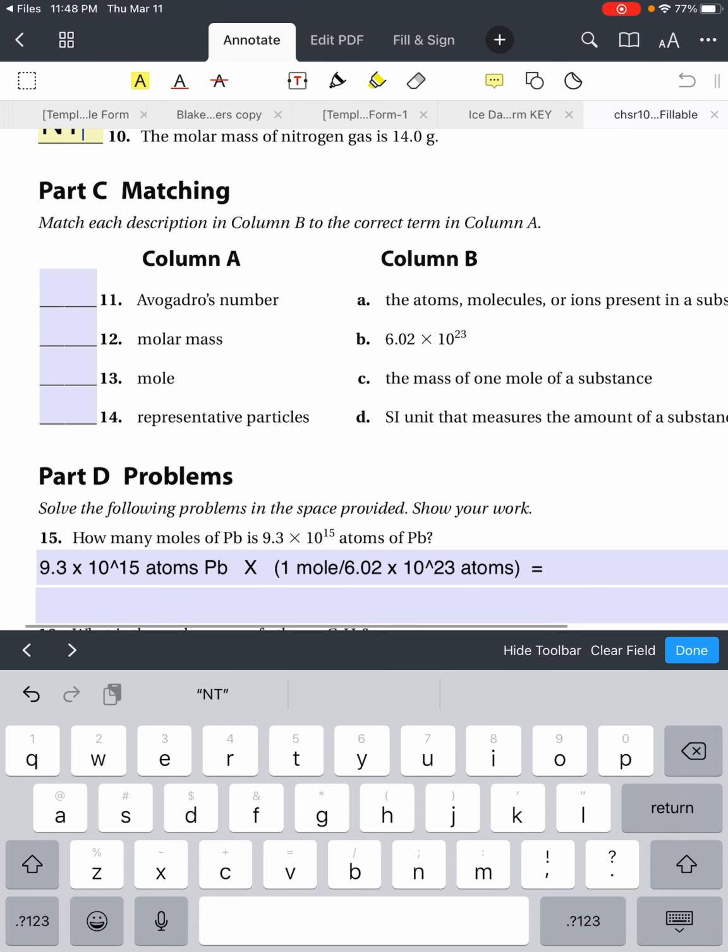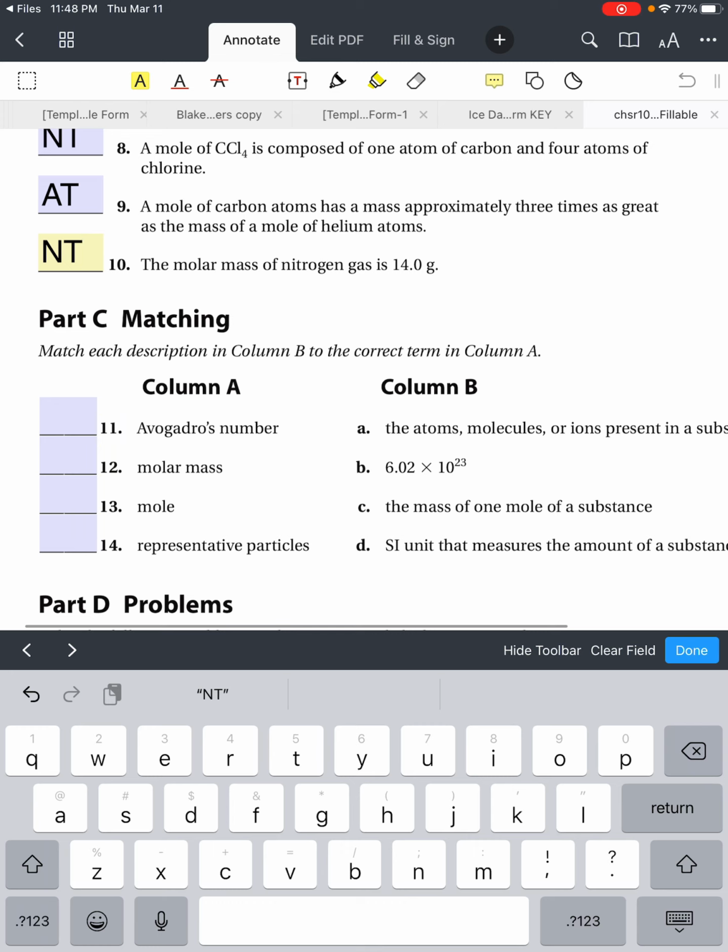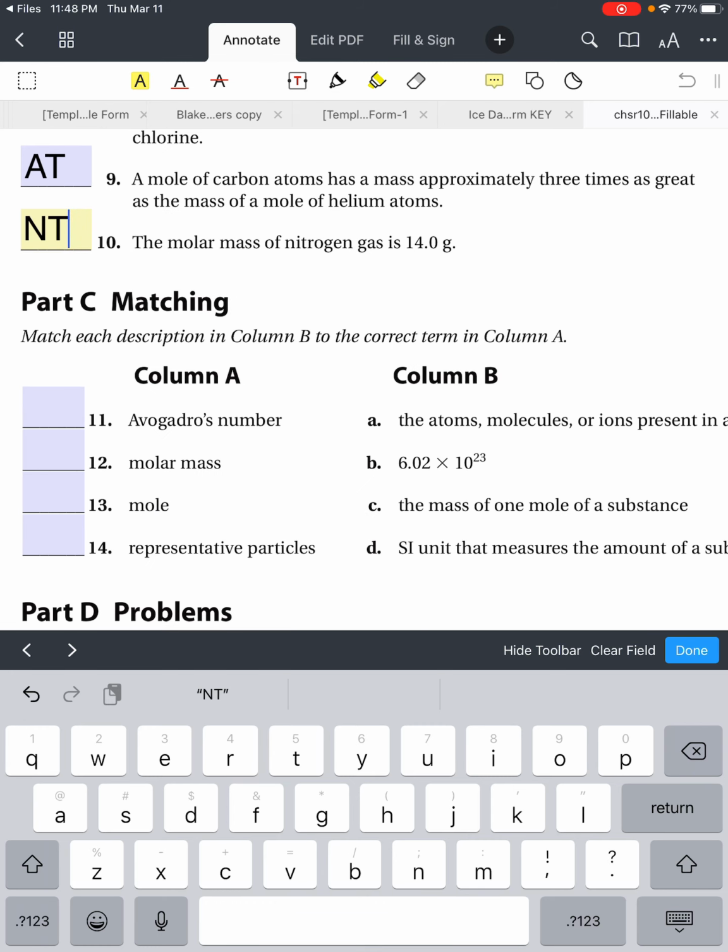Quickly going through our matching here, if I look at these definitions, Avogadro's number is clearly 6.02 times 10 to the 23rd, and molar mass is the mass of 1 mole of substance.